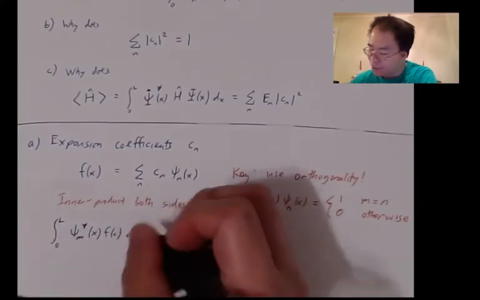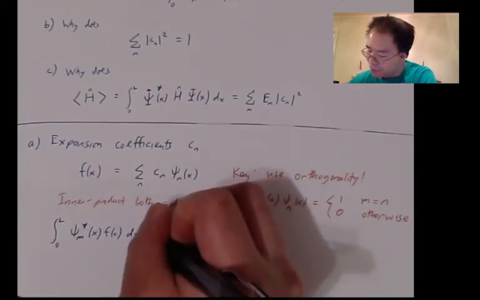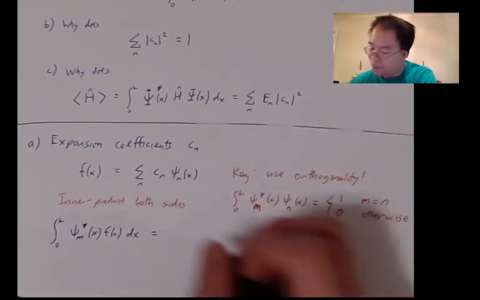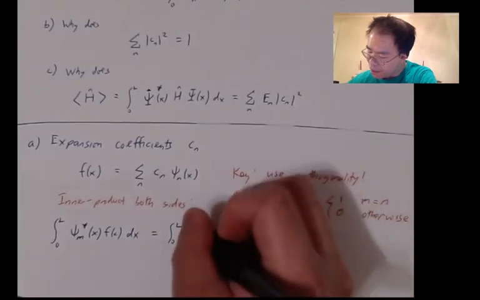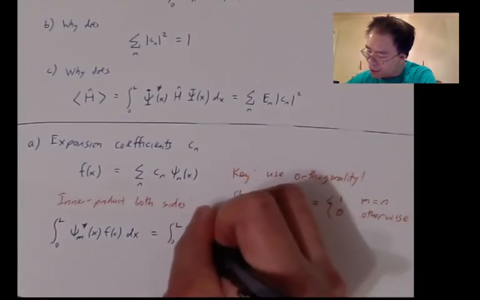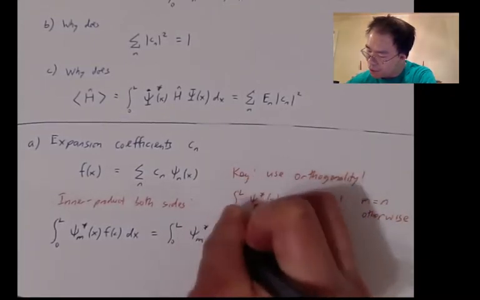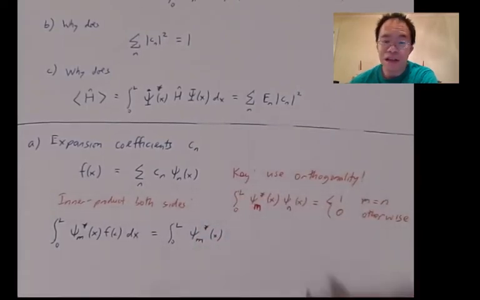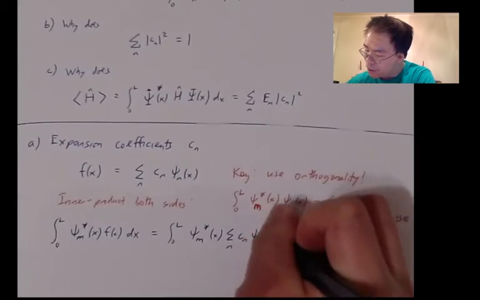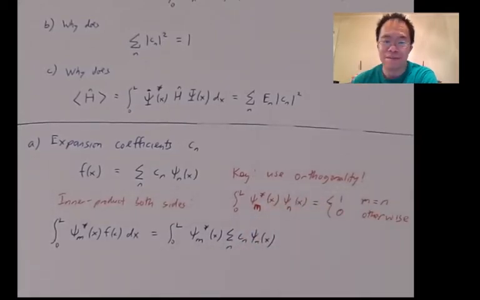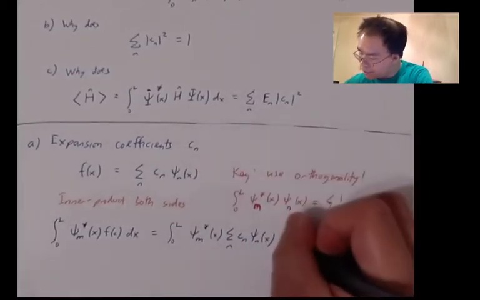And I'll do the same thing over here. To the right, I'm going to integrate from 0 to L of psi m star of x times the sum of C sub n psi sub n of x, dx.